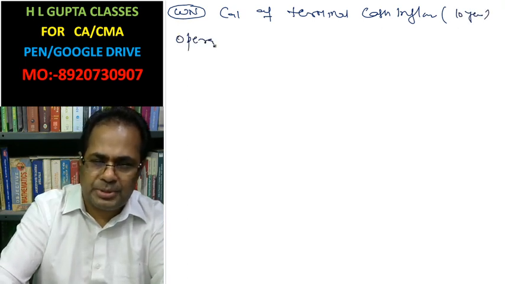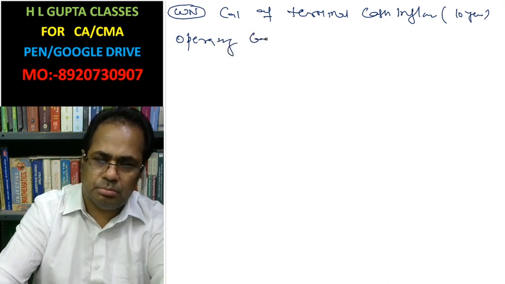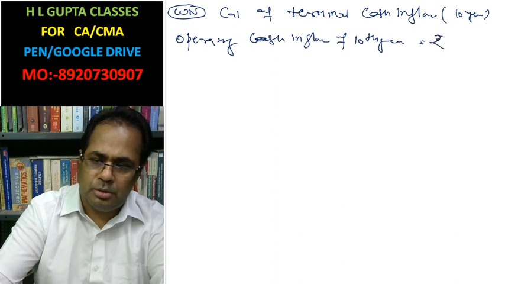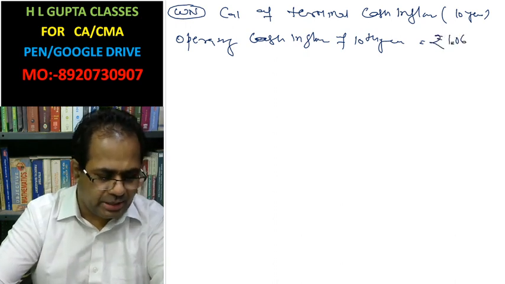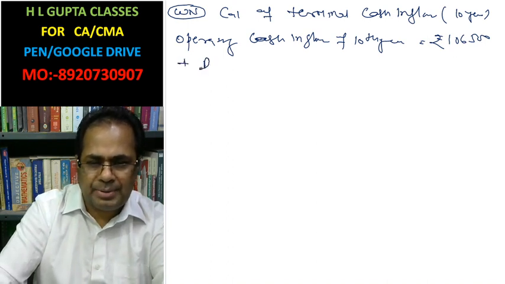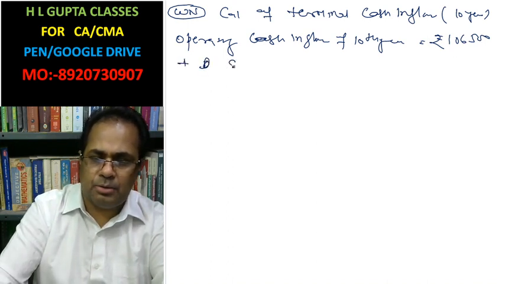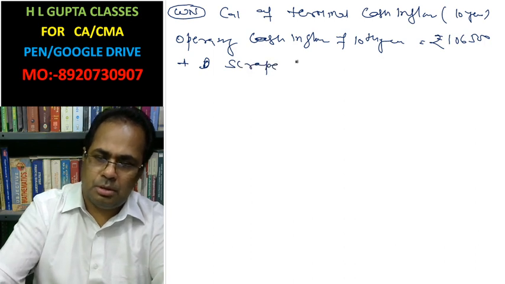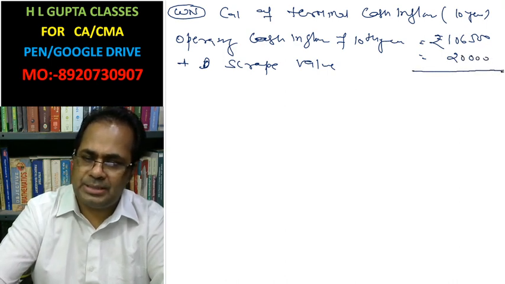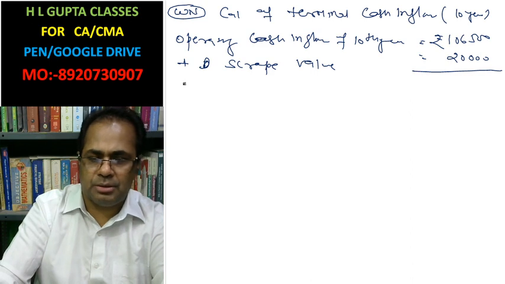Operating cash inflow of 10th year is rupees 1,06,500. Add scrap value: you will have 20,000.